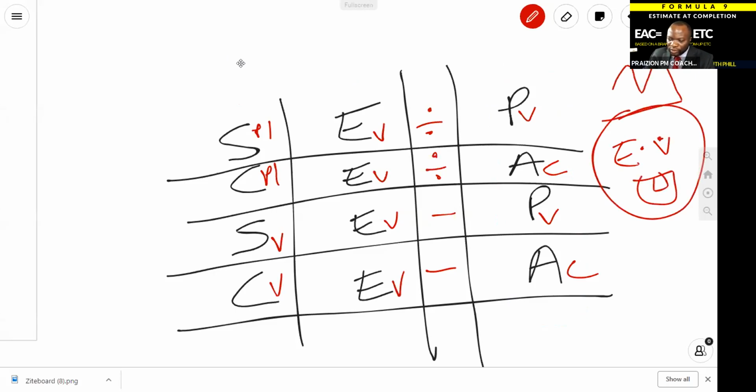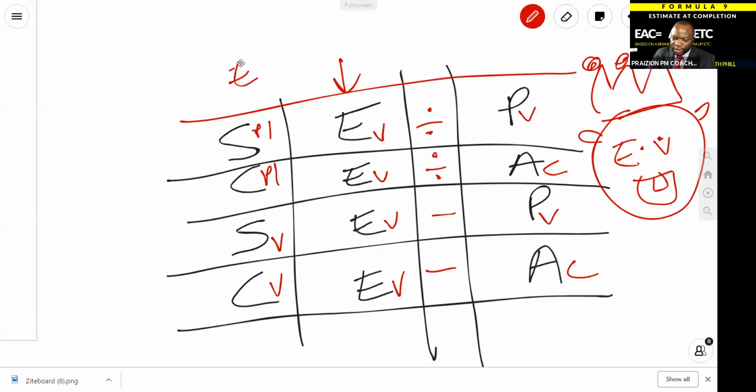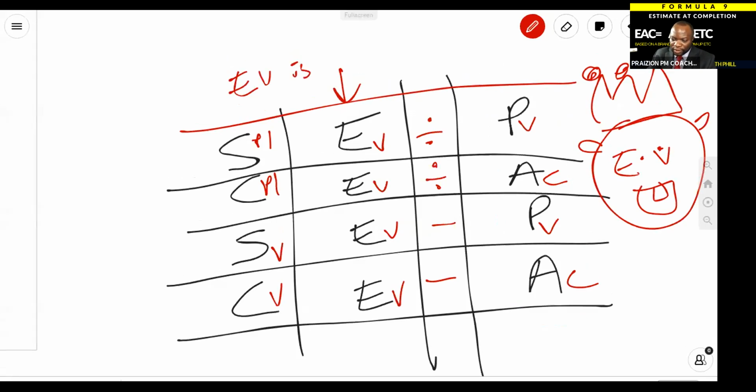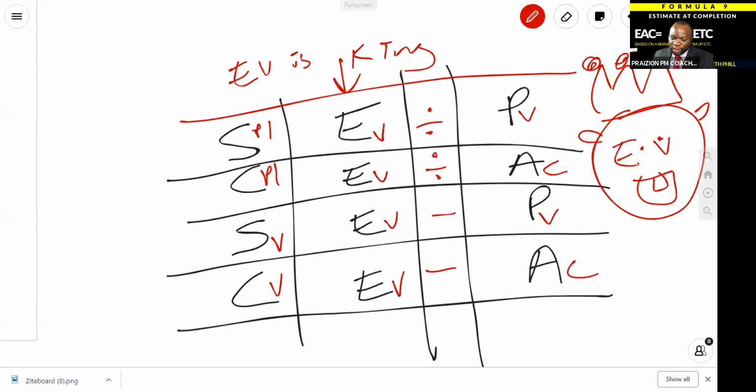Earned value wears a crown and looks goofy on many occasions. If you remember that, those formulas become very straightforward.